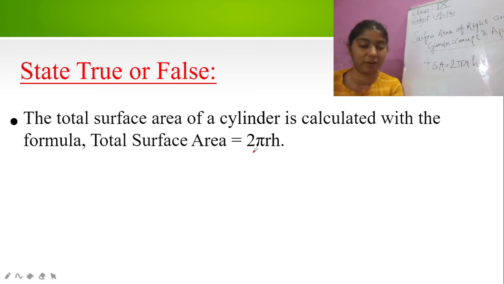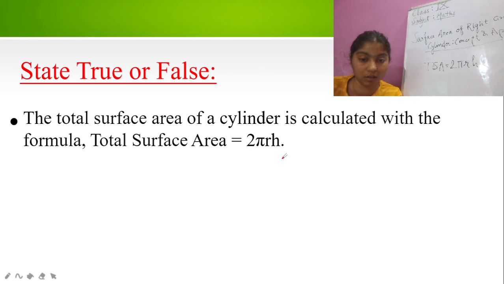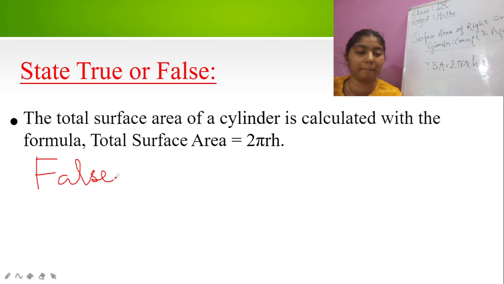Yes, very good students. So as you said, this is a false statement, right? So why, students, is this a false statement? What do you think? What is the reason for it? Yes, because for the total surface area we need to calculate the curved surface area along with the two circles in the base.